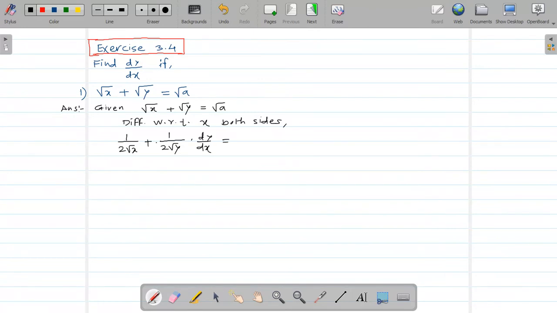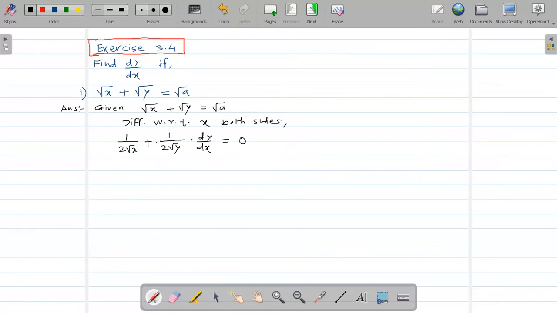On the right hand side there is root a. As a is constant, root a is also constant, so the derivative of root a with respect to x is always 0.